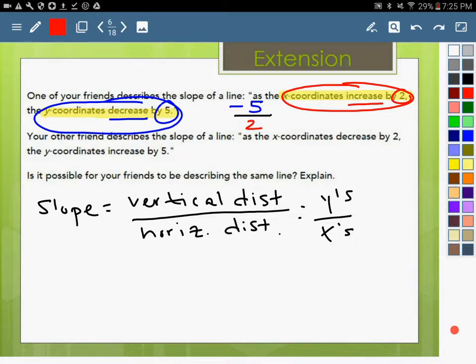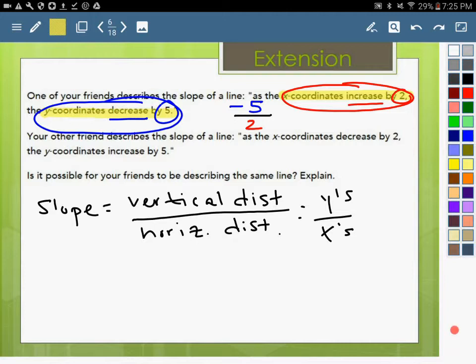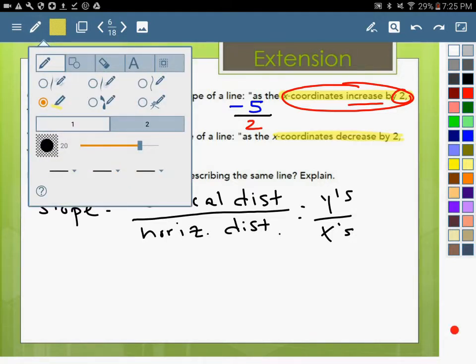Now let's create the slope for the other friend and see if they really mean the same thing. So in the other friend, we have the x-coordinates were decreased by 2, and the y-coordinates were increased by 5. So let's interpret that now.